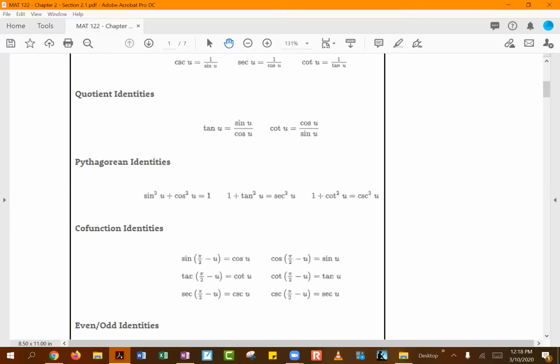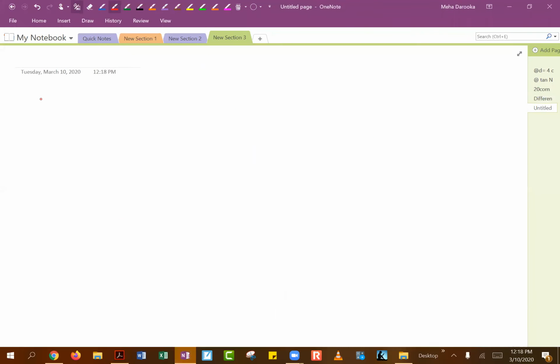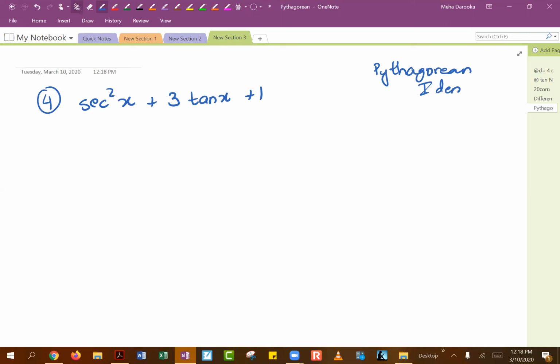So this is example 4. Okay, so we are given secant squared of x plus 3 times tangent of x plus 1, and we're using the Pythagorean identity, which is secant squared of x equals 1 plus tangent squared of x.